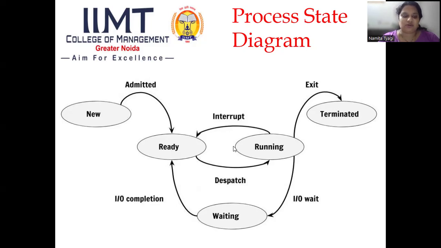That is, the process is loaded into the main memory and then goes to the running state after dispatch. Whenever the process is in the running state, after that it is terminated on completion of its execution. If any interrupt comes in the running state, the process goes back to the ready state. The process can also go to the waiting or blocked state when it requests another resource like input and output resources.